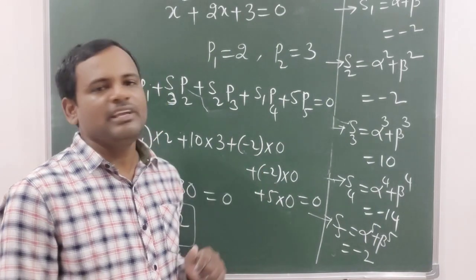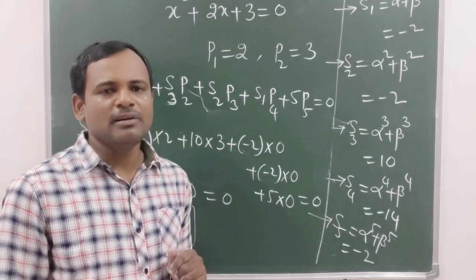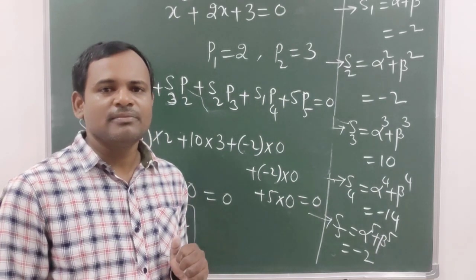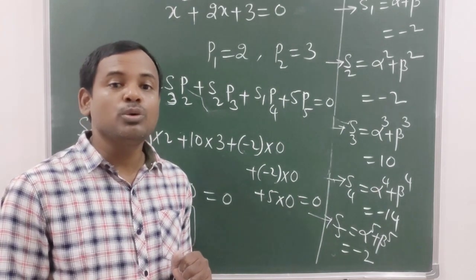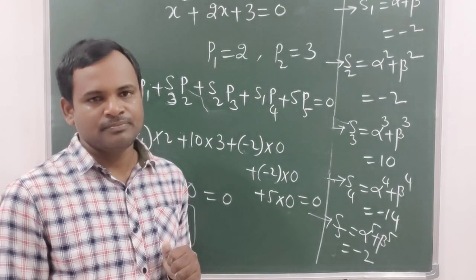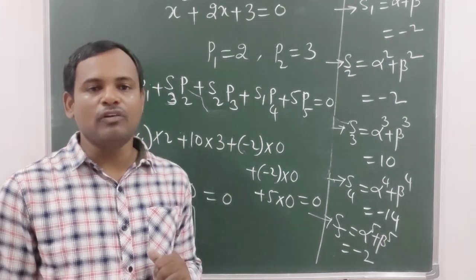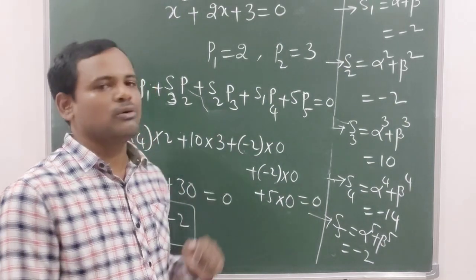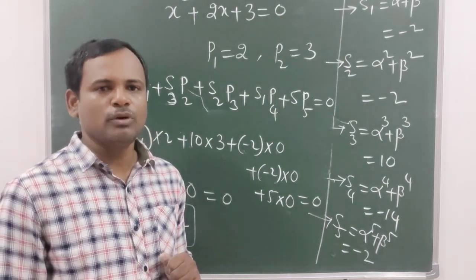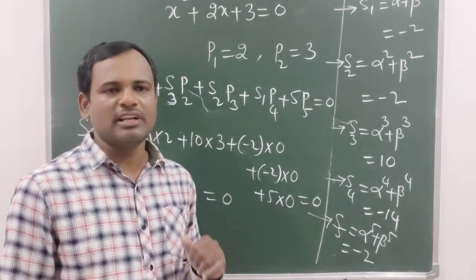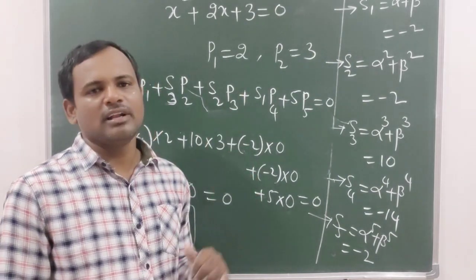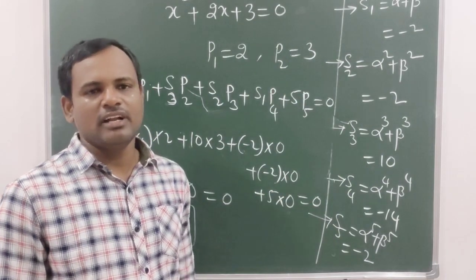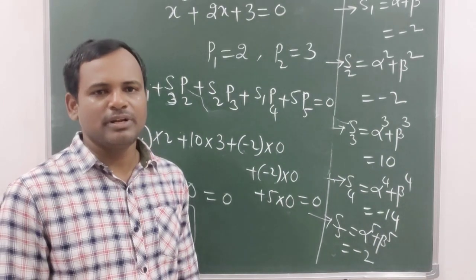Why has he given this method? To find the sum of the powers of the roots of the equation with positive integral powers. Even this proof is there in the higher algebra book. If you want to go through that proof, you can, but the proof is not required. Just learn this procedure to answer this kind of questions. Thank you, students. Thank you.